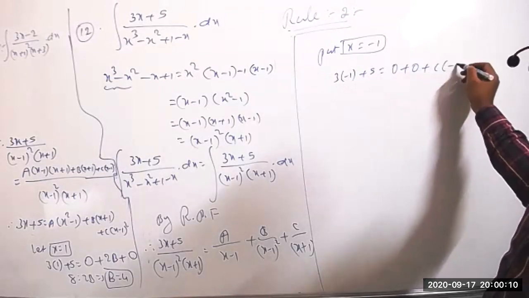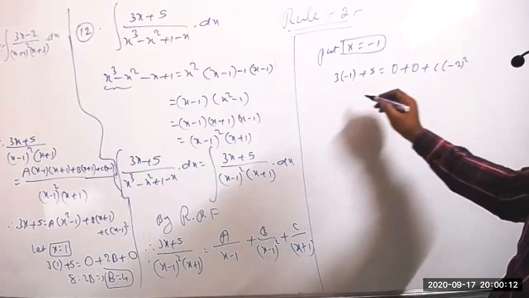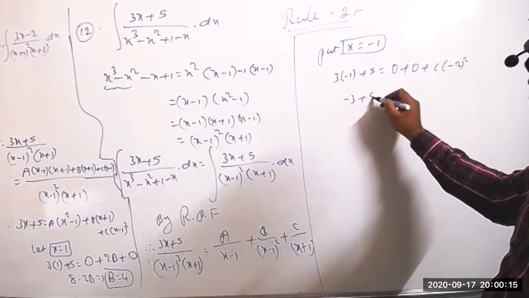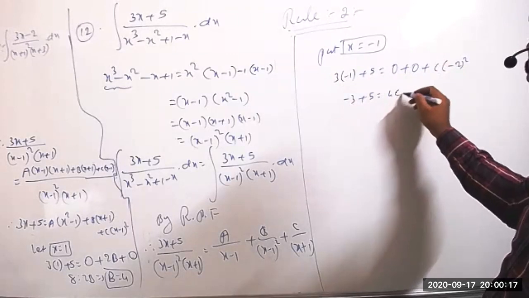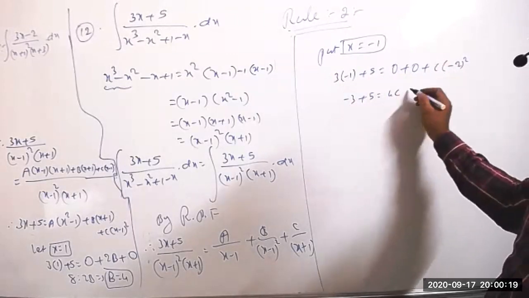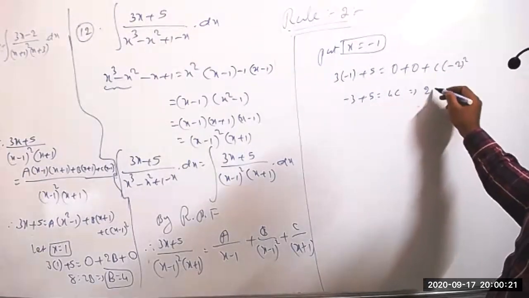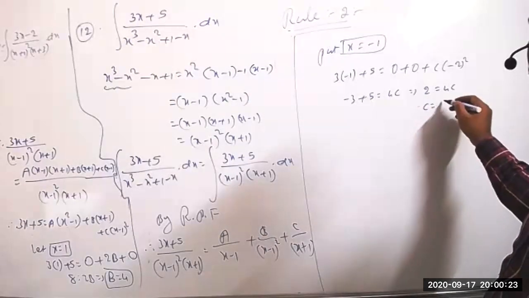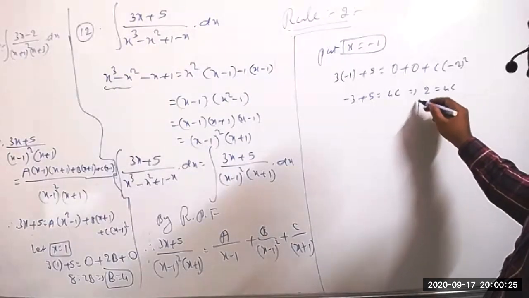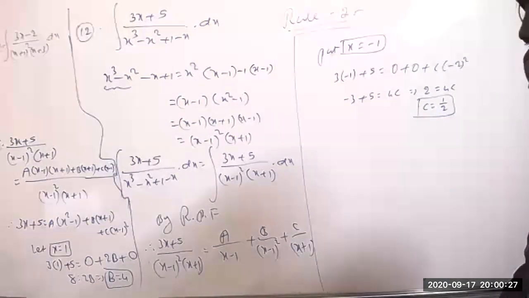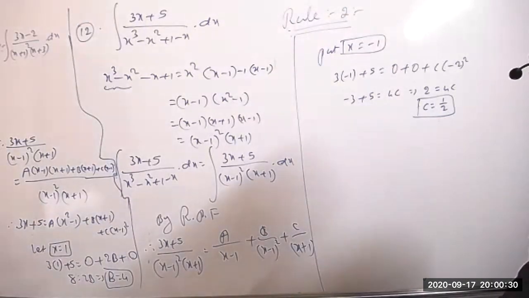And c into minus 2 whole square. Minus 3 plus 5 is equal to 4c. So 2 equal to 4c. So the value of c equal to 1 by 2.